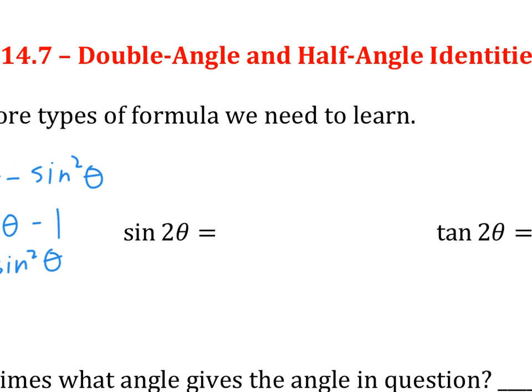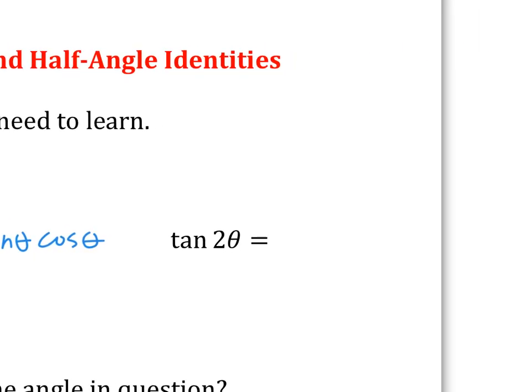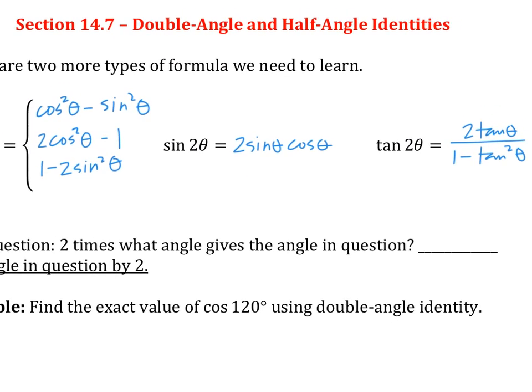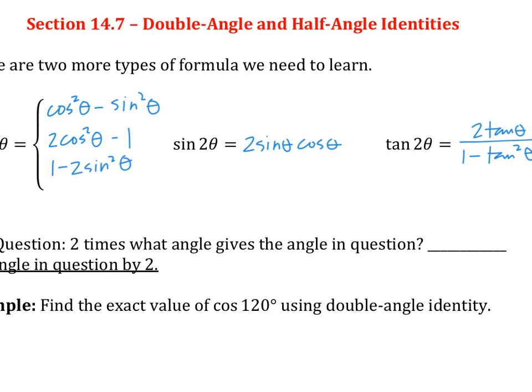Sine 2 theta only has one formula, that is 2 sine theta cosine theta. And the last one, tangent 2 theta, is 2 tangent theta over 1 minus tangent squared theta. All right, so now the question is, how are we supposed to use these formulas?